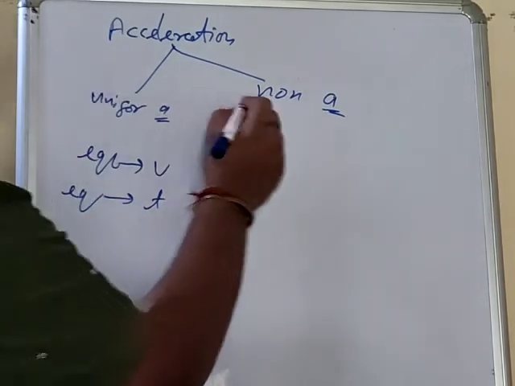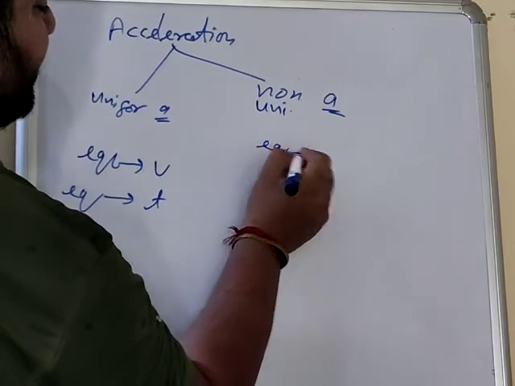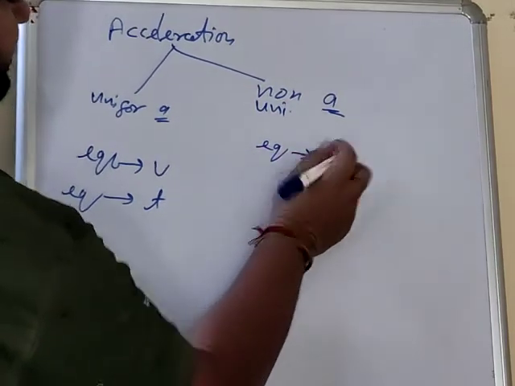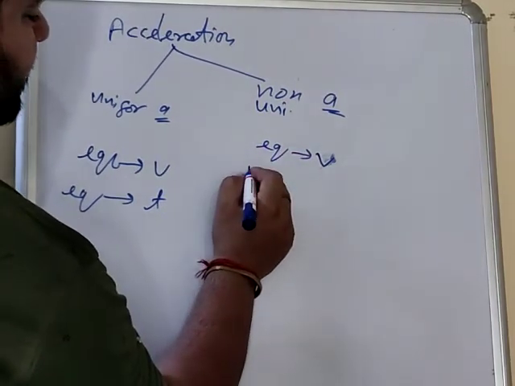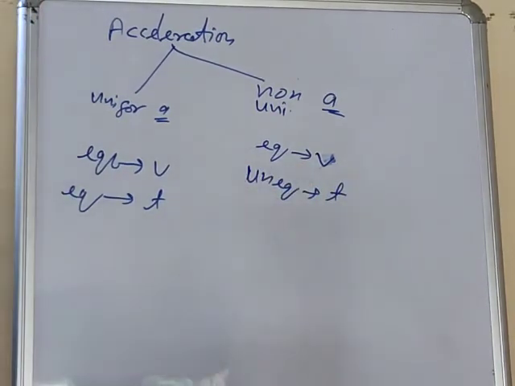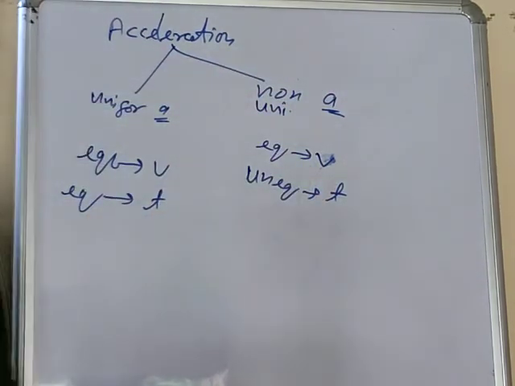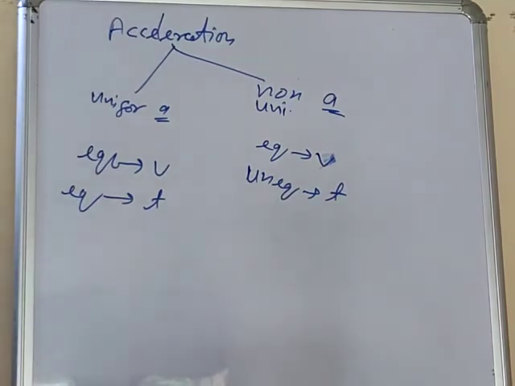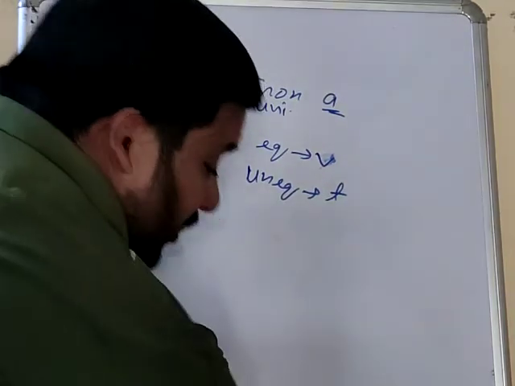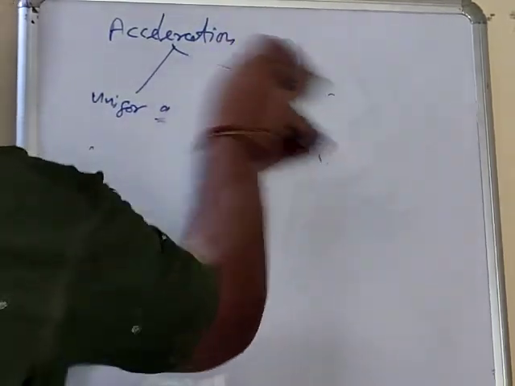And for non-uniform acceleration, you can say equal change in velocity but unequal change in interval of time, or you can say unequal change in velocity and equal change in interval of time. Understood?